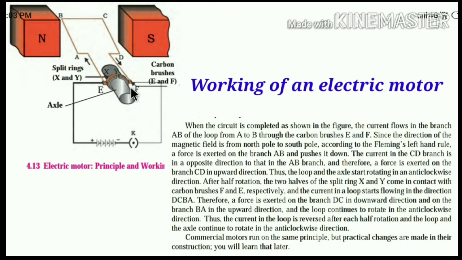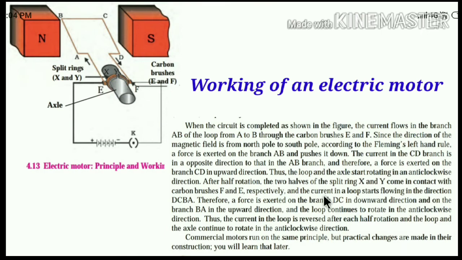When the loop changes position, the halves also change and come in contact with carbon brushes F and E respectively, because the brushes are stationary, while the rings, the copper wire and the axle are moving.